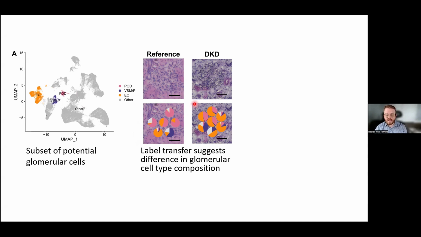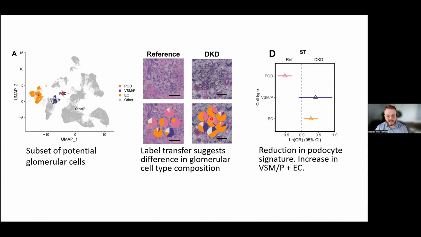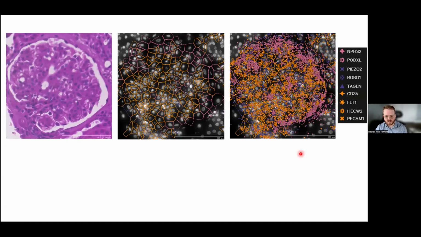And here you can already see that we have an increase in endothelial cell signature and a decrease in podocyte signature. This is essentially a forest plot looking at the odds ratio of identifying the signature in each condition. This is expected, right? There is podocyte effacement and loss of podocytes in diabetic kidney disease. And it is also expected to see an increase in mesangial cells or vascular cells and endothelial cells, glomerular capillaries, due to the neovascularization.